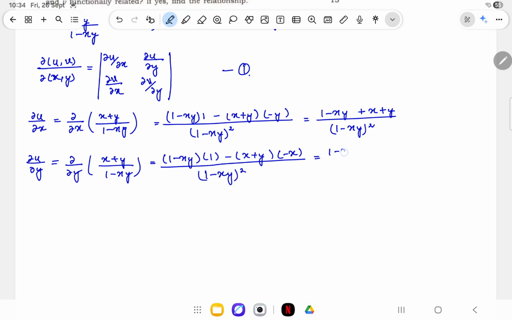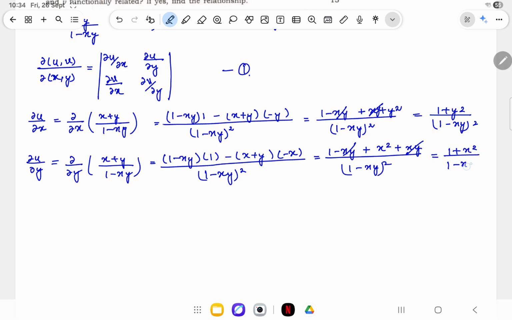So it will be equal to 1 minus xy plus x square plus xy, and this xy balances this, so ∂u/∂x is (1 plus y square)/(1 minus xy) whole square, and here it will be 1 plus x square plus xy divided by (1 minus xy) whole square, and this xy balances this, so ∂u/∂y is (1 plus x square)/(1 minus xy) whole square.